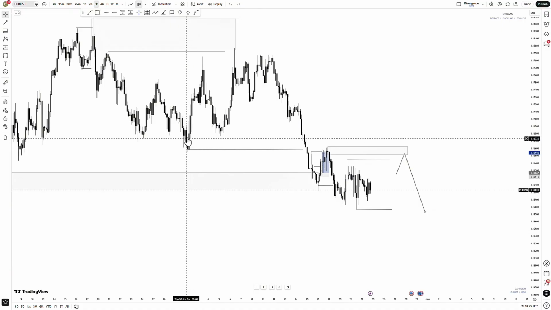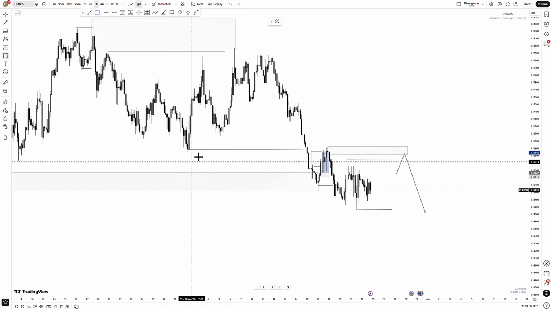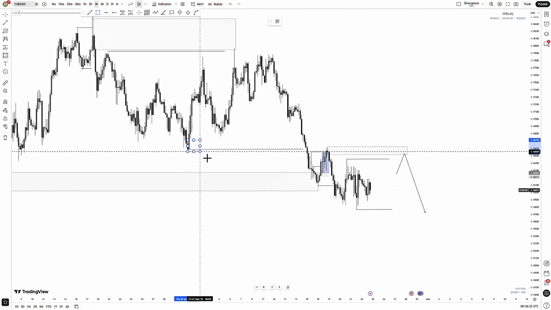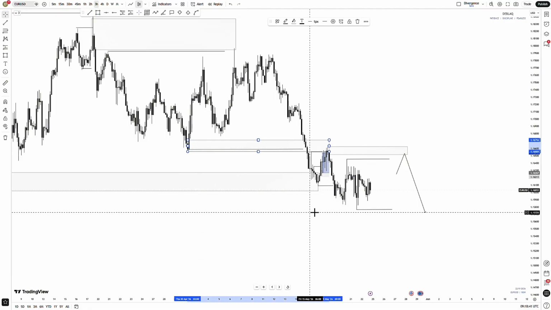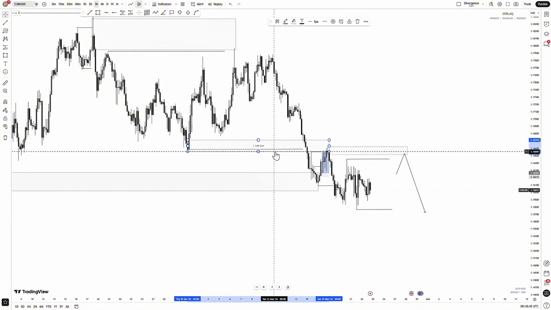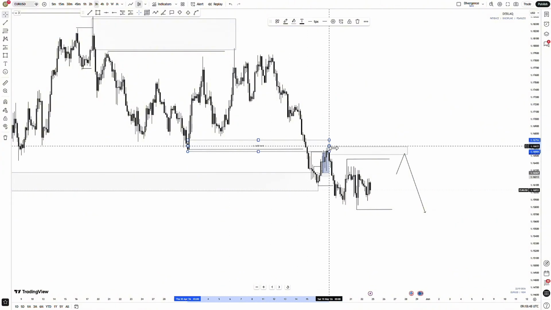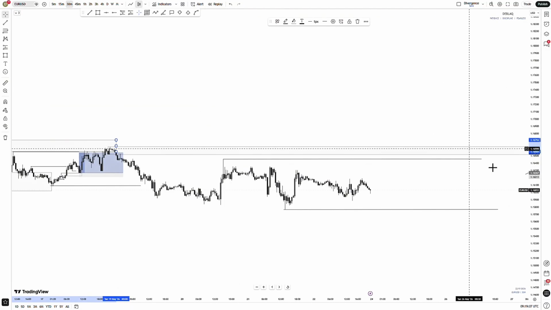I said that price will react on this breaker block, even before price came there, and price did exactly how I predicted it. But my mistake was when price got to that breaker block, I forgot to come back and check it. I didn't know that price had already tapped on that breaker block. So that was when I took my second entry.